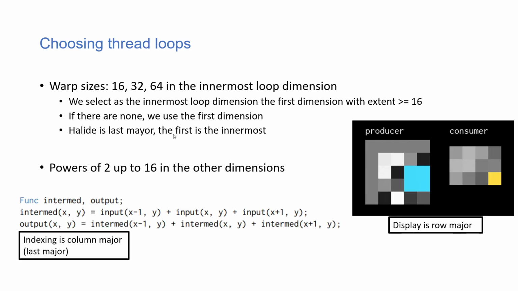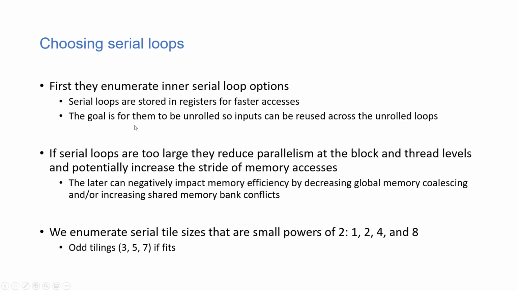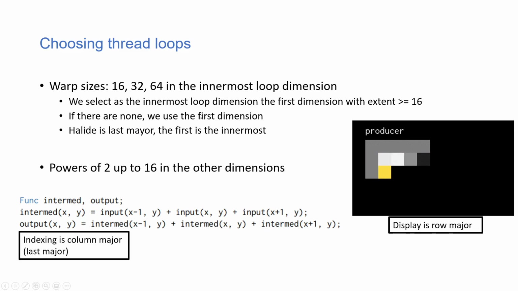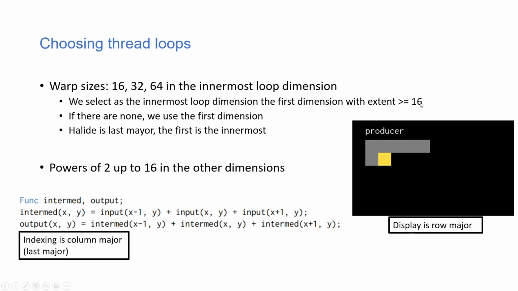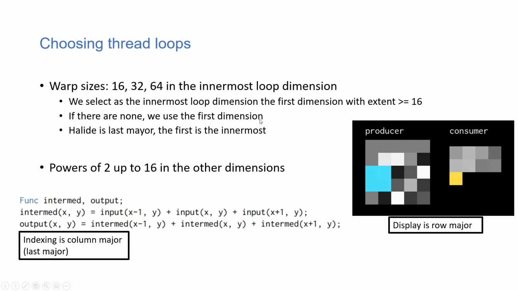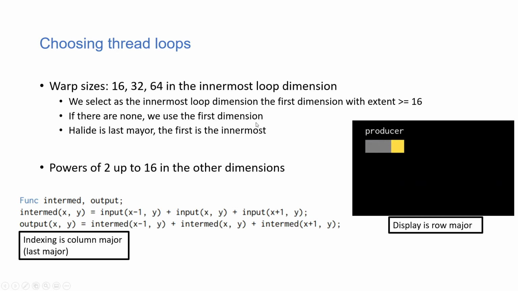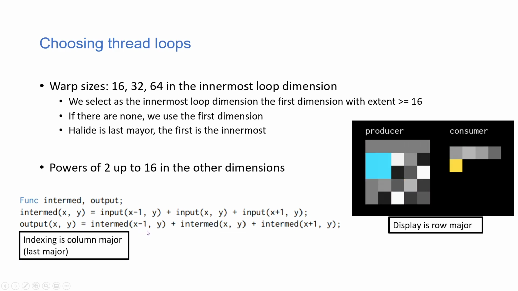They mention some heuristics on how to select the thread loops. The innermost loop is the first dimension with extent higher than 16, and if there are none, they use the first dimension. And the first dimension in Halide is the fastest changing dimension.